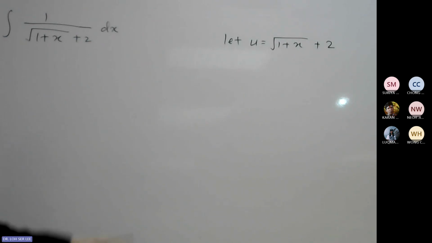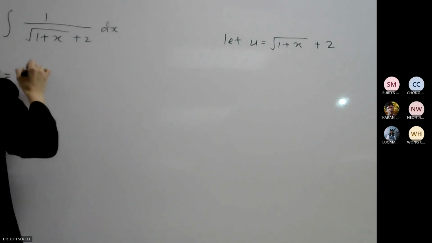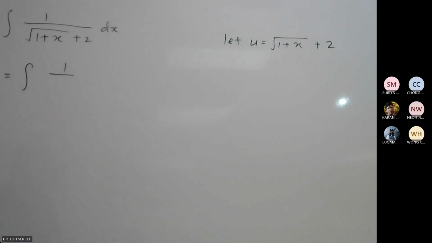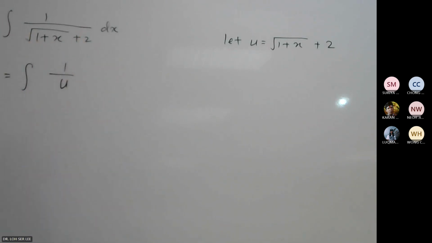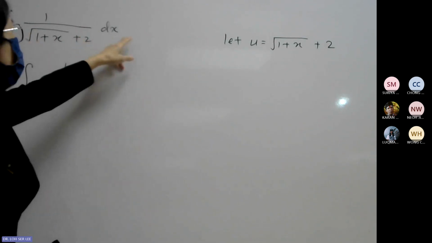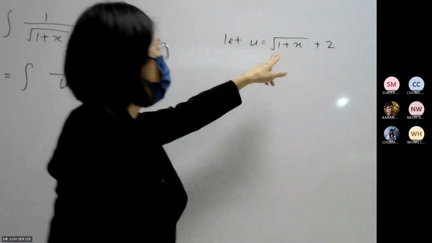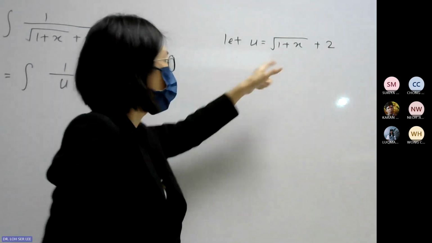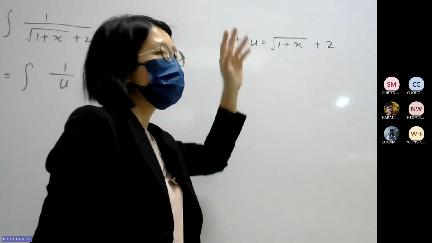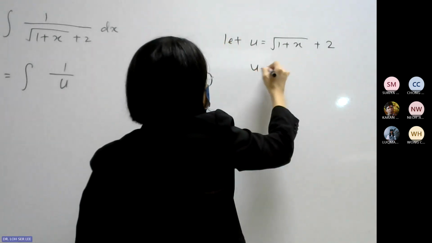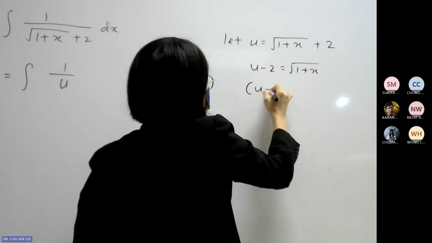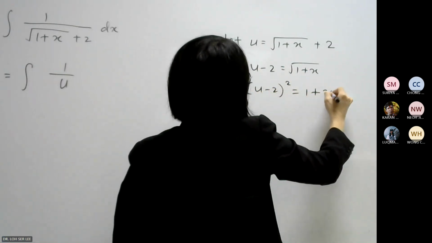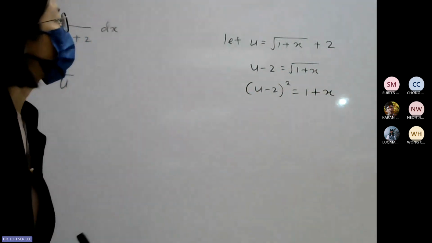Then we can start to change into u. So this is your u. Now we want the x. So we have to get the dx from here, but to avoid having the surd, we move the 2 to the left and we square both sides.